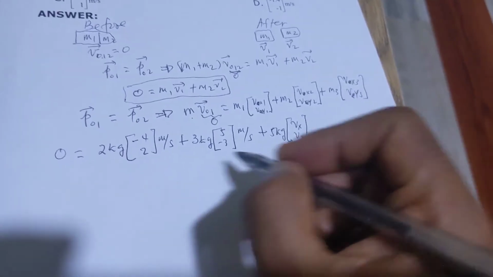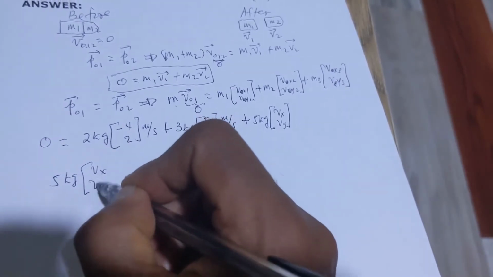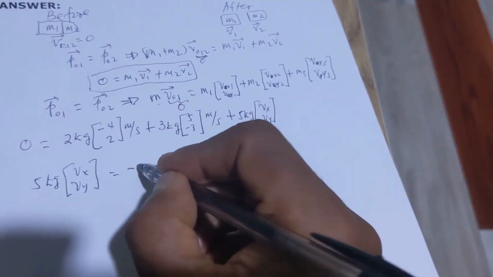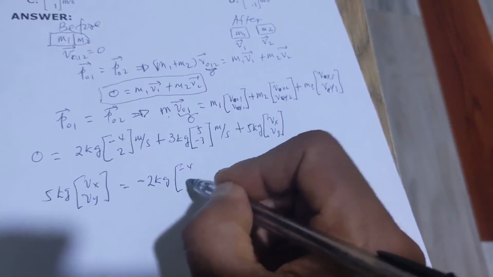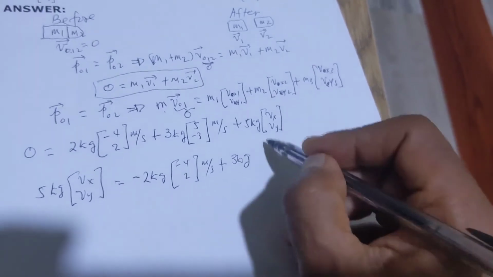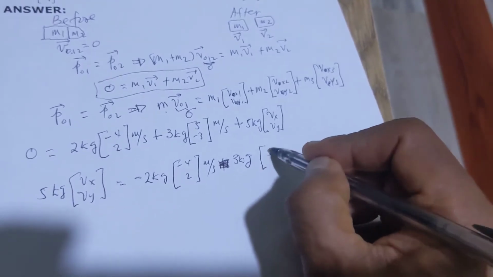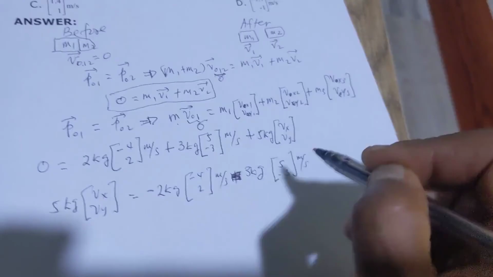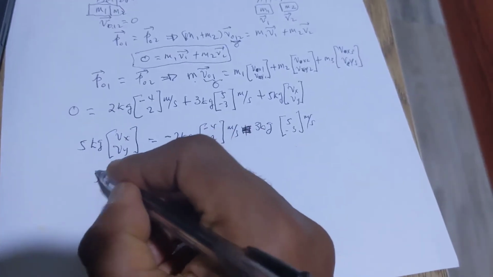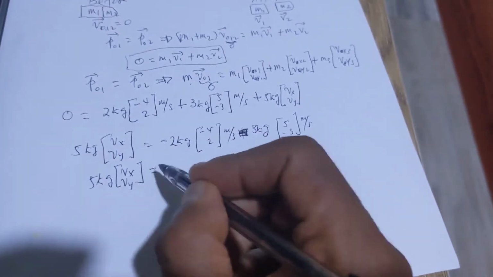So the 5 kilogram mass times Vx and Vy is the same as, taking all these to the other side, -2 kilograms times -4 and 2 meters per second, plus 3 kilograms times the minus of 5 and -3 meters per second.